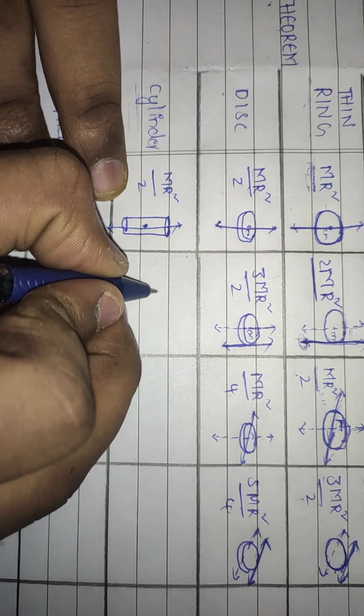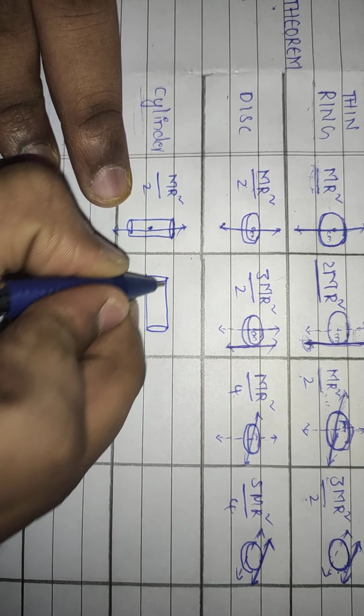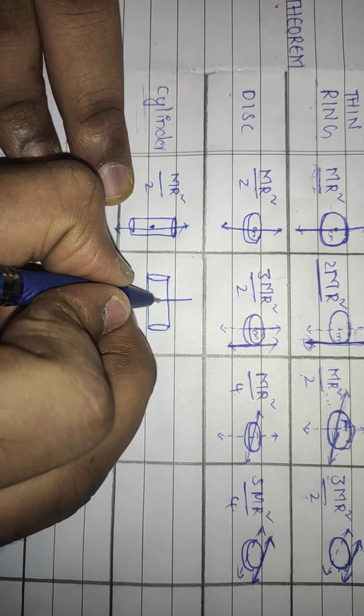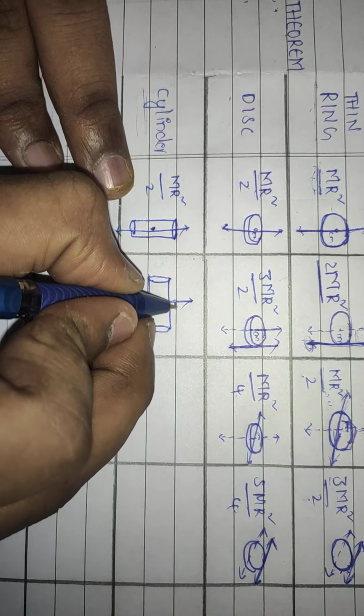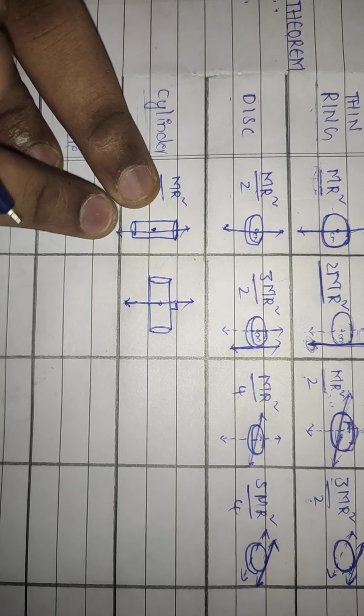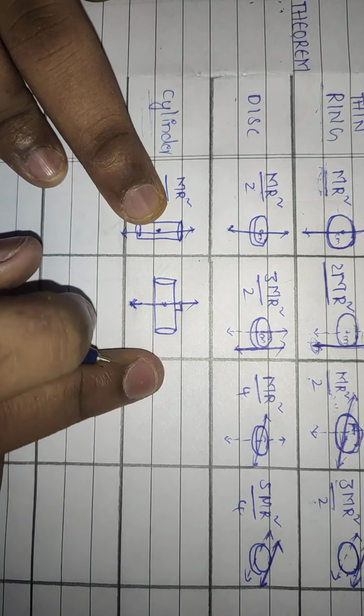Or we can also take, this is the separate condition for the cylinder: the axis passes through the center of mass but perpendicular to the length, right? This is the longitudinal axis. This is perpendicular to the length of the cylinder.